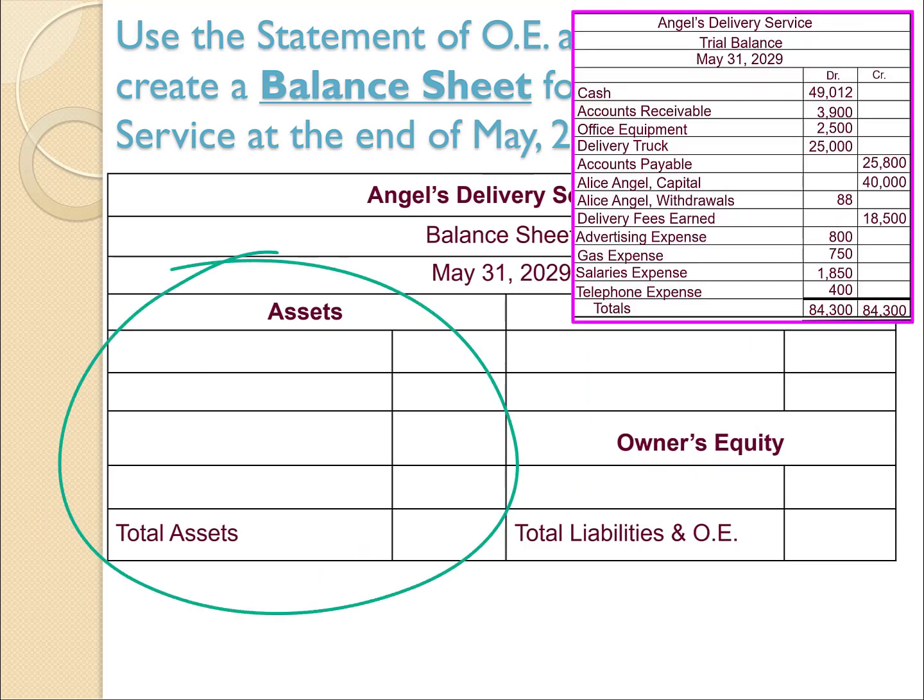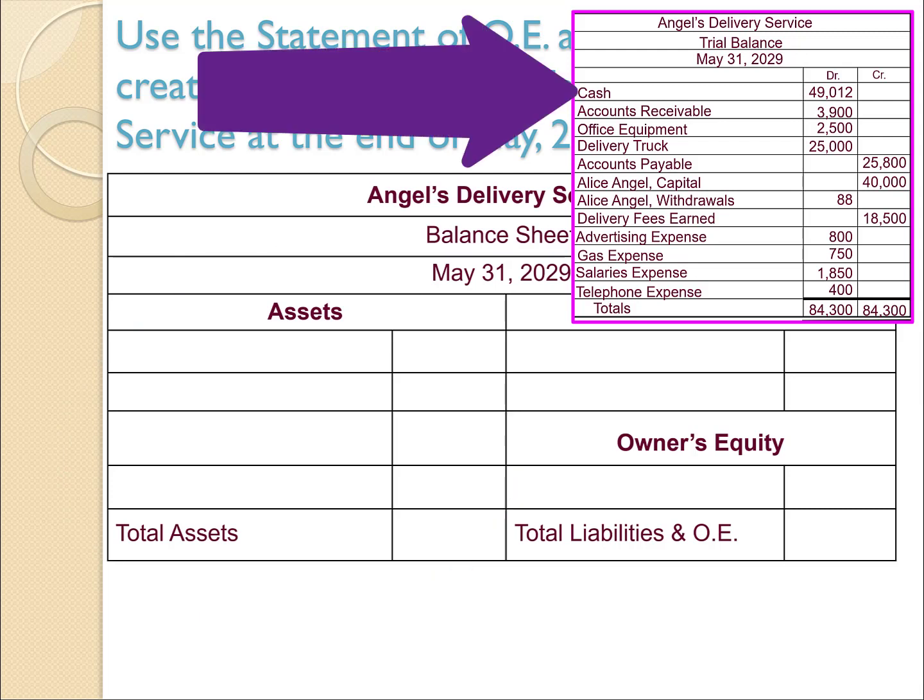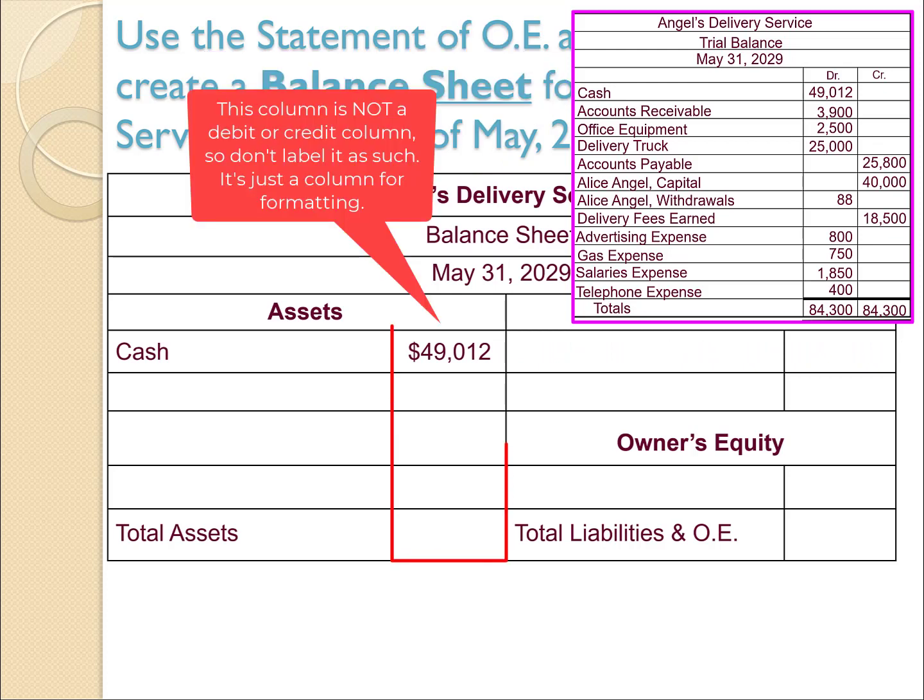So what's the first asset that this company has? Like all companies, they have cash. What's the balance of the cash account? $49,012. Now notice this column that $49,012 is in is not a debit or a credit column, so don't put any debit or credit label. These columns are just for formatting purposes.